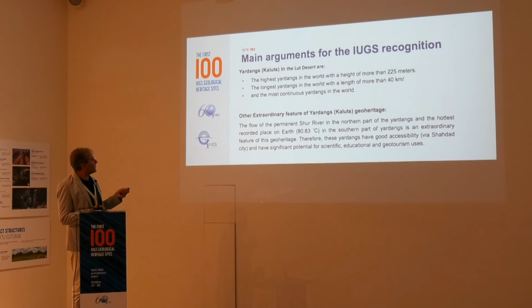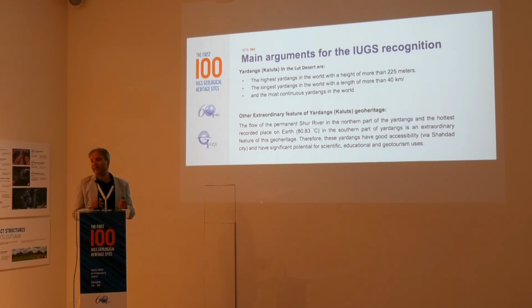Also, as I mentioned, we have a very high and unbelievable temperature here. It is measured by satellite imagery every year. Such surveys are always done in different places in the world, sometimes in Africa, sometimes in Mongolia, even in the USA and Australia.